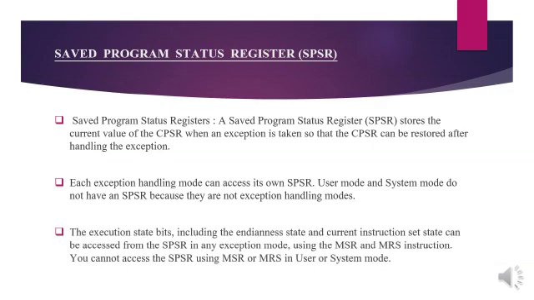The exception state bits, including the endianness state and current instruction set state, can be accessed from the SPSR in any exception mode using the MSR and MRS instructions. You cannot access the SPSR using MSR or MRS in user or system mode.